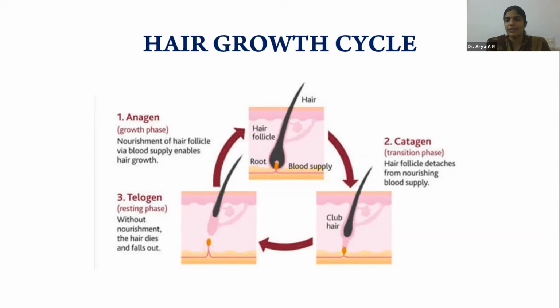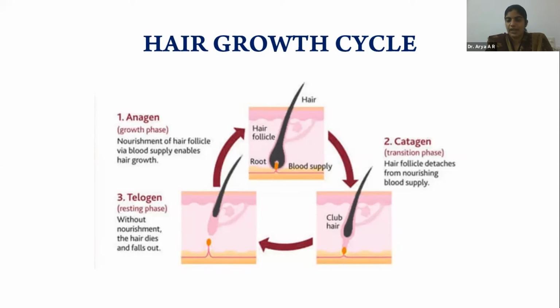This is common nowadays in all people, and majority of teenagers and persons in the age group of 20 to 40 are facing so much stress and lifestyle diseases, and hence they are also facing hair loss conditions. The next one is hairstyles and treatments. You will see in this slide a condition called traction alopecia. It is a condition related to hairstyle pattern.